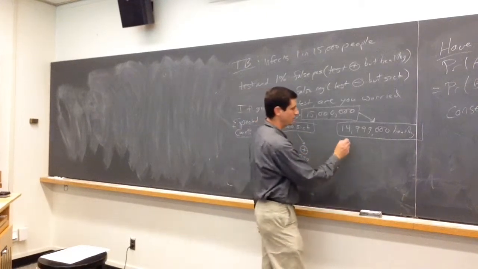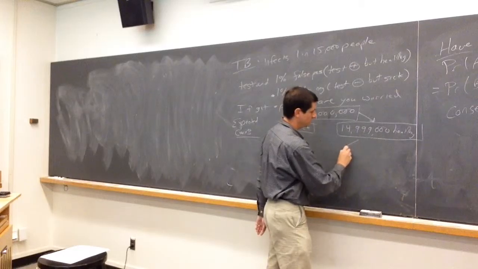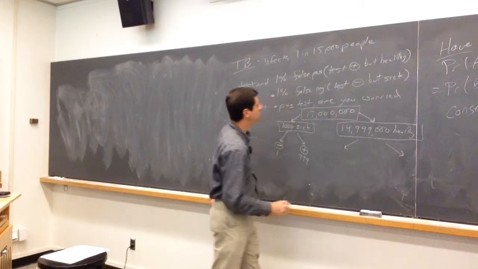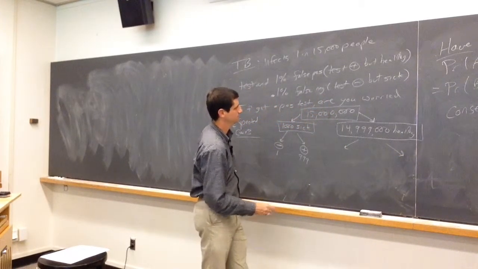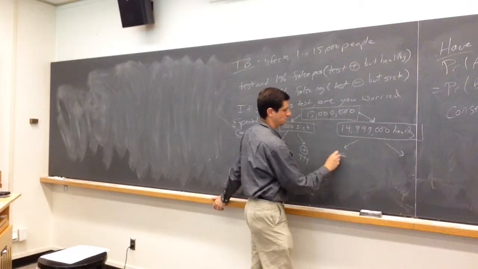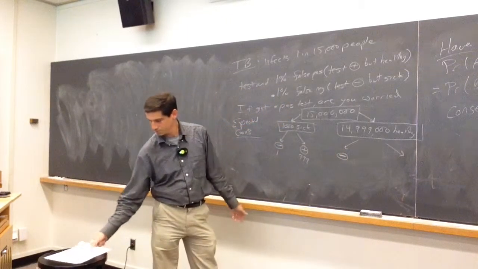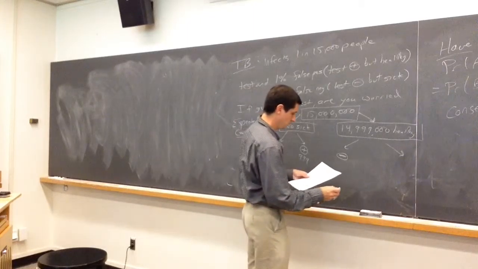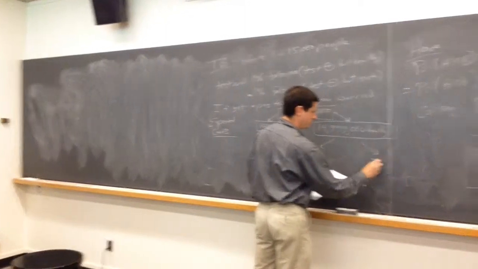Well, let's look at what's going on here. We have 14,999,000 people. How many of these people will test negative? Or how many will test positive? Which one is the easier one?